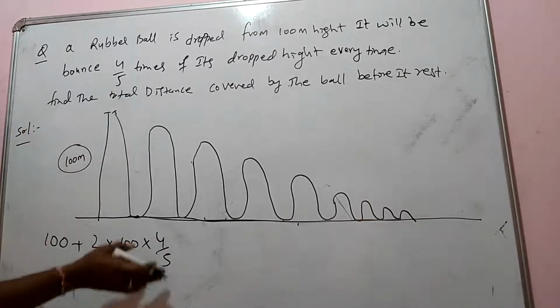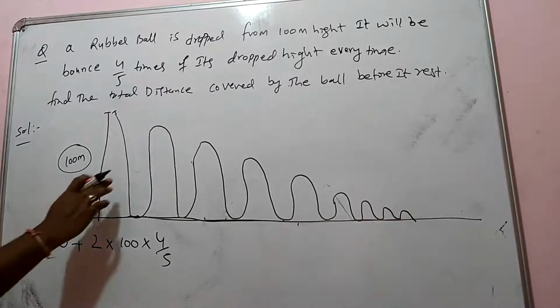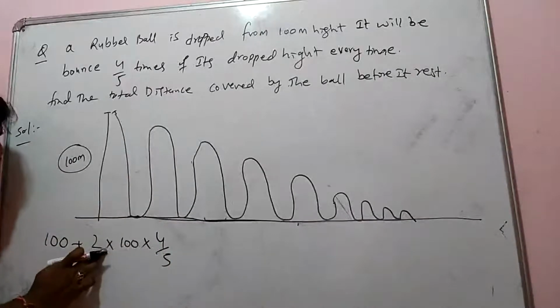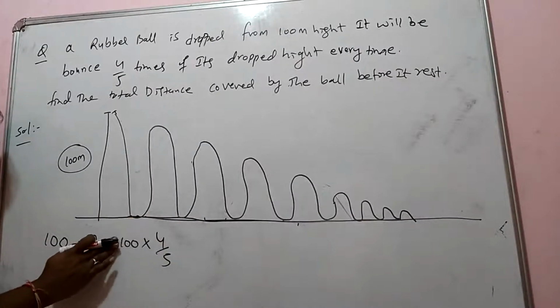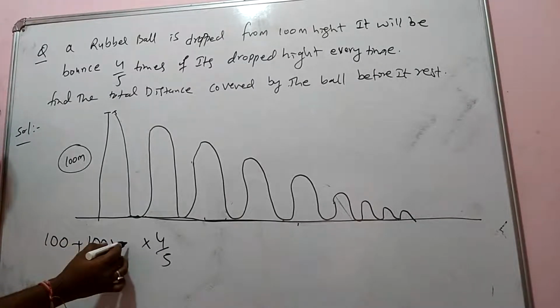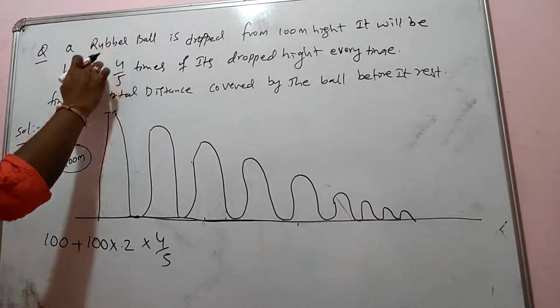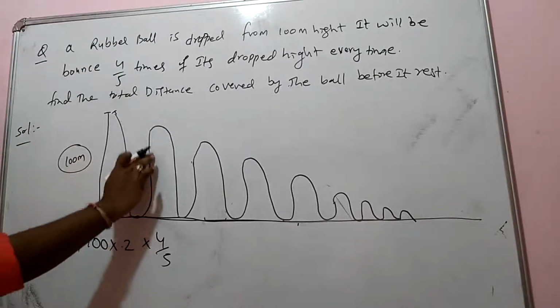Because it happens twice, going up and coming down, it is 2 times 4/5 of 100, because the bounce height is 4/5 and it happens twice.